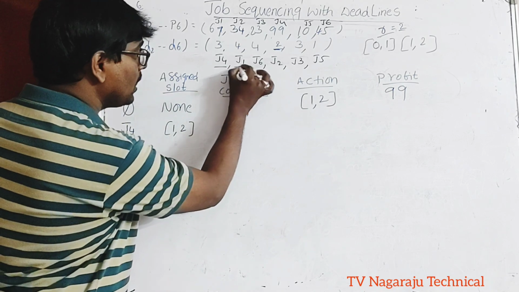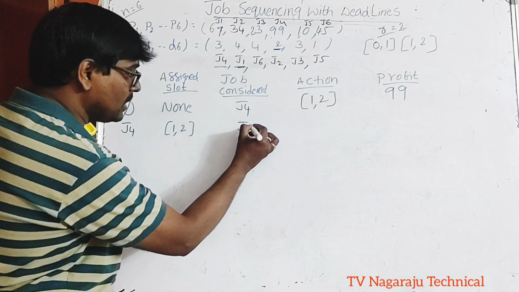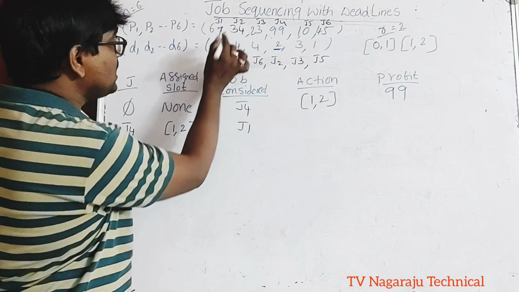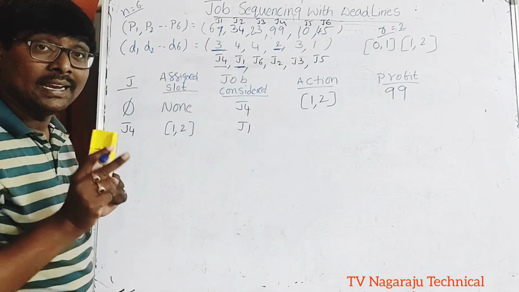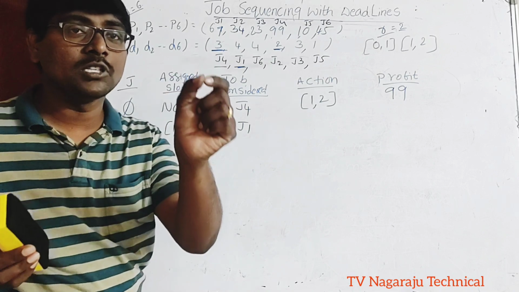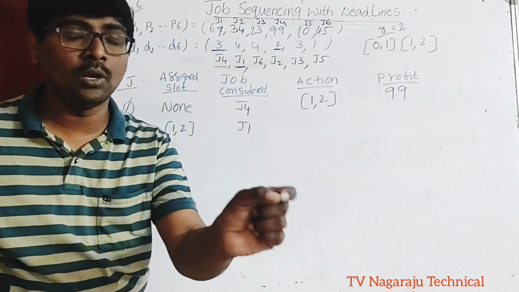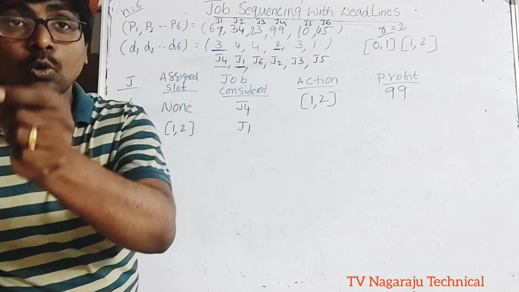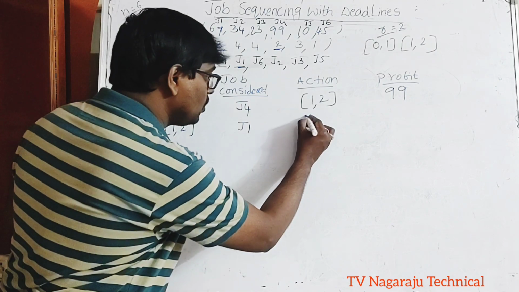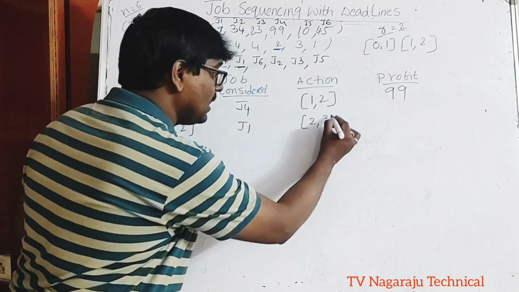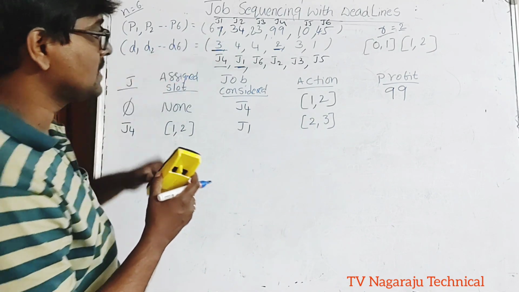Now consider the next one, J1. What is the deadline of J1? 3. Deadline 3 means 3 possible slots: 0 to 1, 1 to 2, 2 to 3. What is the last one? 2 to 3. Profit 67.